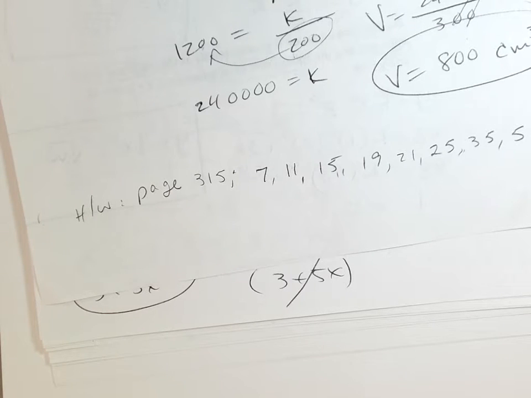So I got 100 times the square root of 25, right? 100 equals 10 times k, because the square root of 25 is 5, 5 times 2 is 10. Divide by 10, and k is 10, right? So we have y equals 10x square root of z.